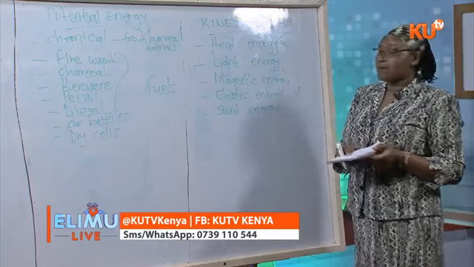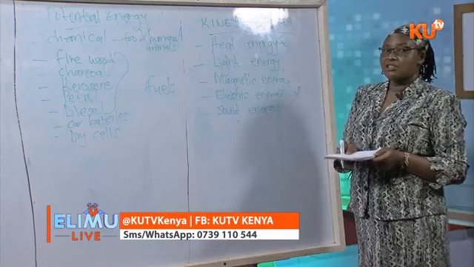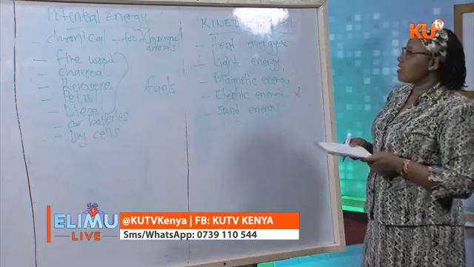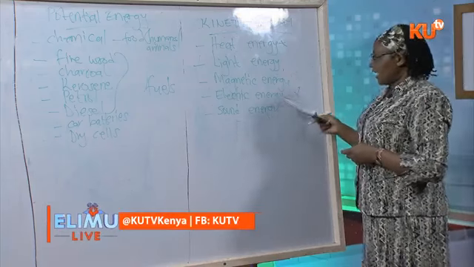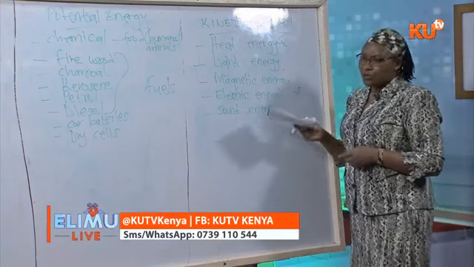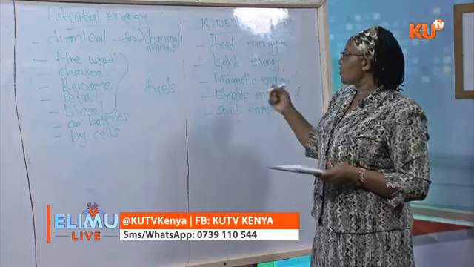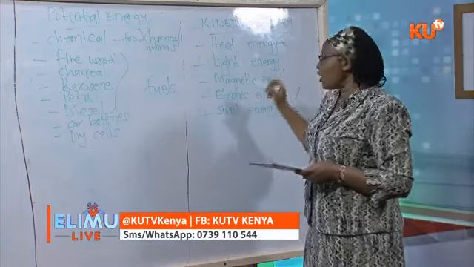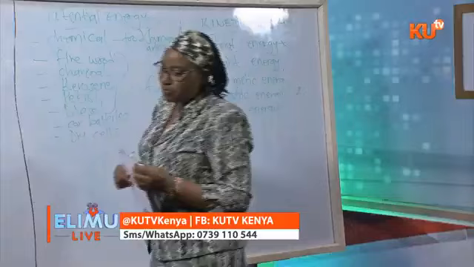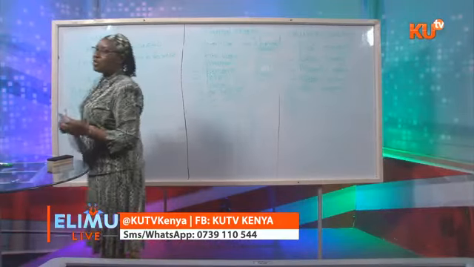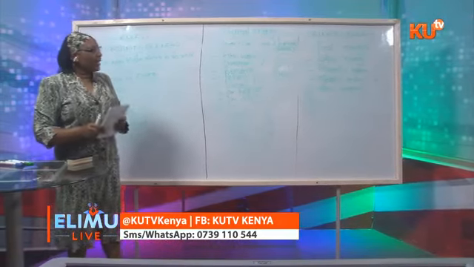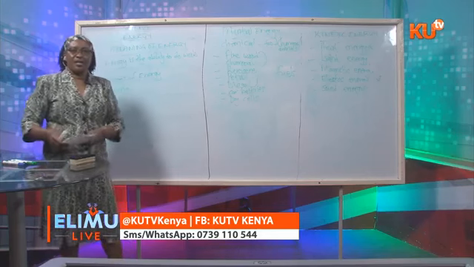From hydroelectric power generators. The hydroelectric power generators formed that energy in those dams, but we are using it here because it was transmitted from there to this place and to our homes. So we are able to use it because it is energy in movement, electric energy.